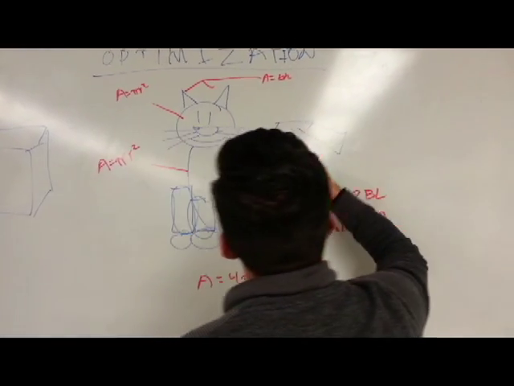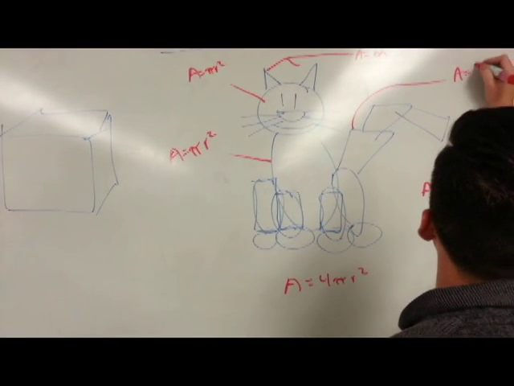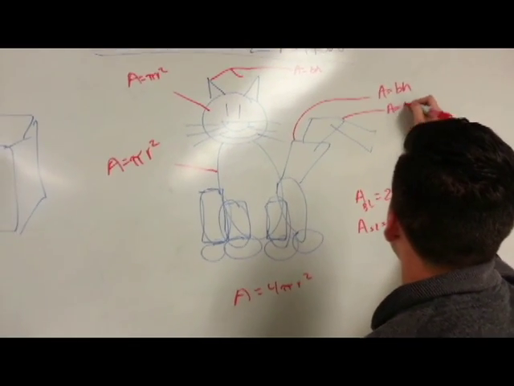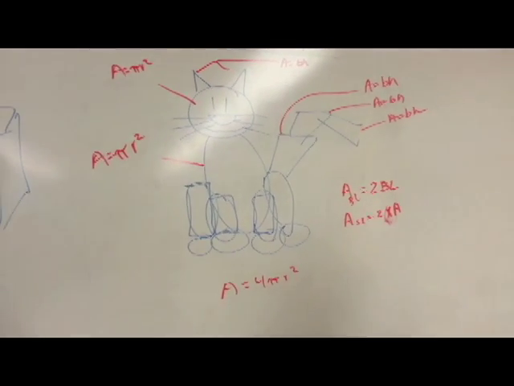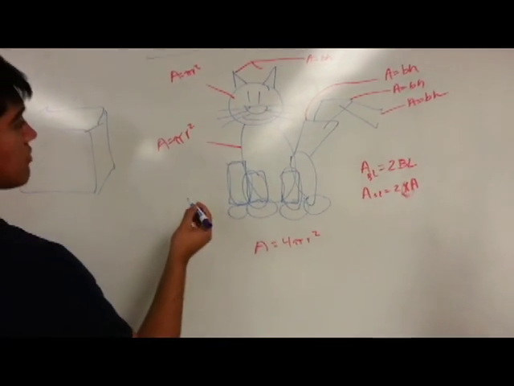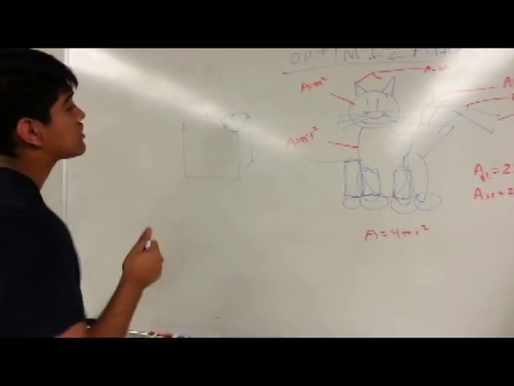And we have, what, another rectangle? Yeah, rectangle, base times height. Area equals base times height. Alright, looks good. And so once we maximize the cat, we're just going to put it back into this box.